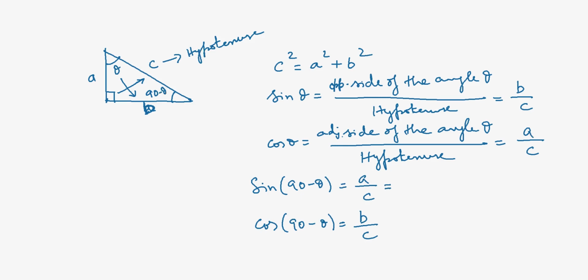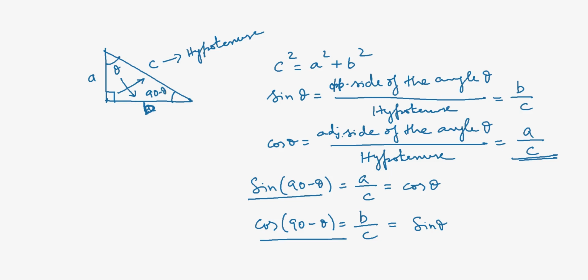By comparing, sine of 90 minus theta is equivalent to cos theta, and cos of 90 minus theta is equal to sine theta. That is quite handy: sine of 90 minus theta equals cos of the angle theta, and cos of 90 minus theta equals sine theta.